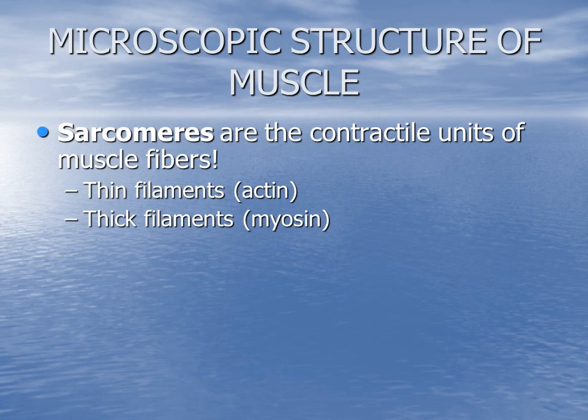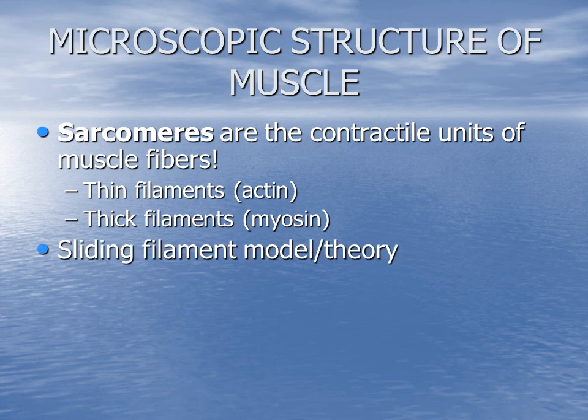Now, a full discussion of the sliding filament theory is not necessary for our purposes, but just remember that the sarcomeres are the contractile units of the muscle fibers, and the sarcomeres are comprised of two different types of protein, the actin proteins and the myosin proteins.